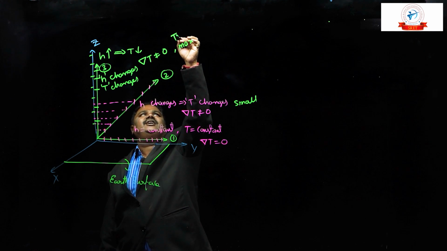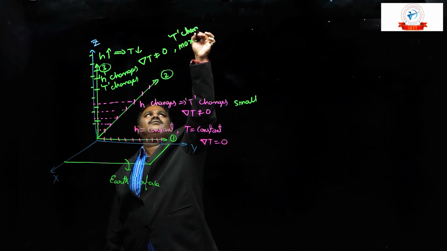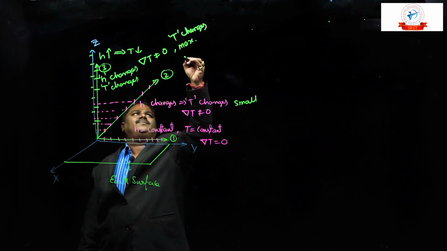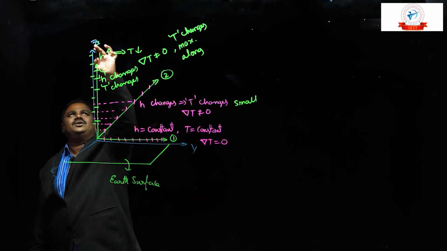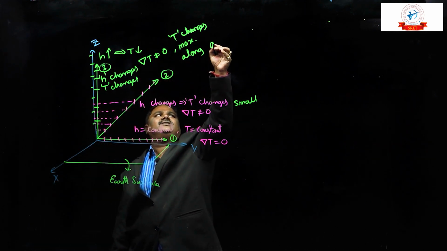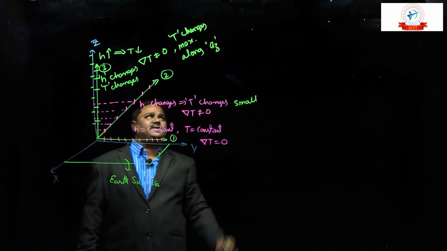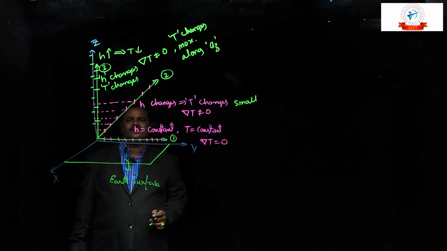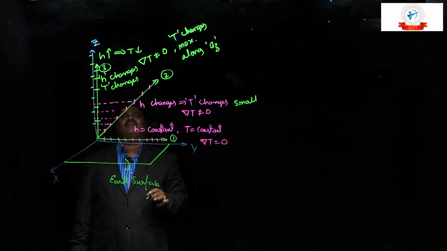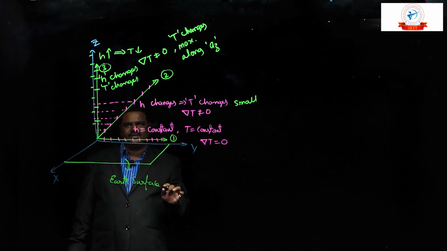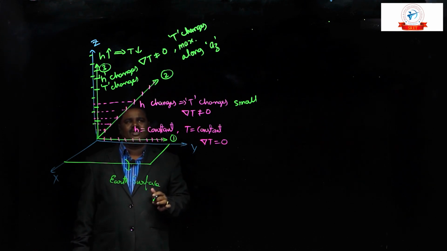So T changes maximum along the vertically upward direction. Vertically upward direction is nothing but the z-axis direction, or az cap. From this concept we conclude that maximum temperature change is along the z direction. What is the z direction?